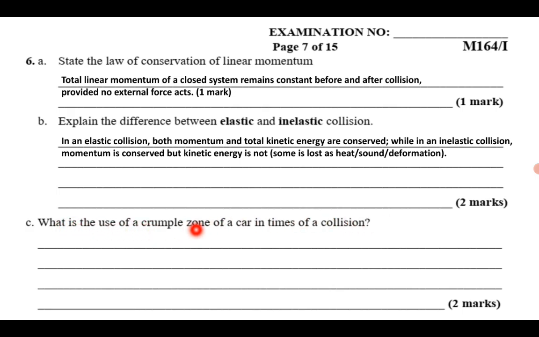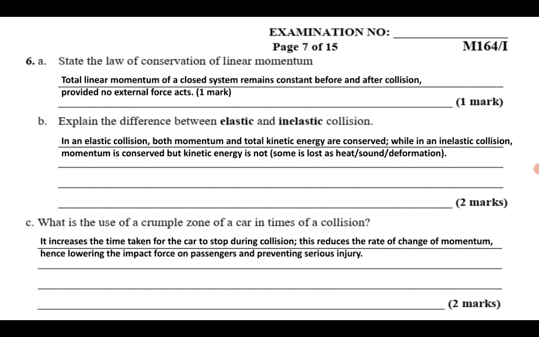So what is the use of the crumple zone of a car? I wish I brought a diagram showing the crumple zone. Basically the use of the crumple zone is to increase the time taken for the car to stop during collision. So this reduces the rate of change of momentum, hence lowering the impact force on passengers and preventing serious injuries.